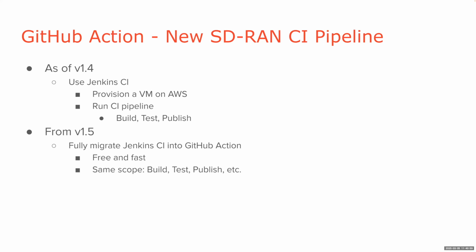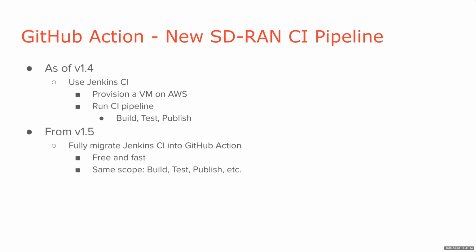But from 1.5, we completely replaced Jenkins CI with GitHub Actions. It is very free and fast for open source. In Jenkins, a job took a really long time because it includes the VM provisioning process as well. But GitHub Actions is much faster than that.